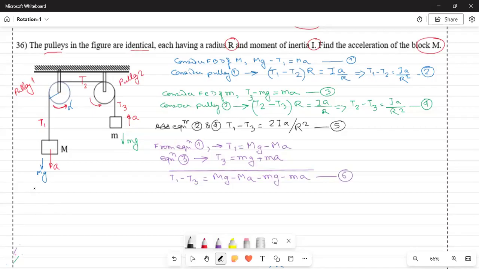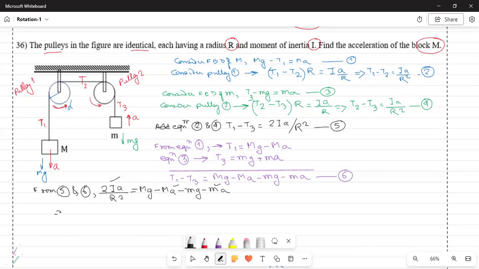From equations 5 and 6, we can write 2 I a upon R square is equal to capital Mg minus capital Ma minus small mg minus small ma. We take all the parts with a on the left hand side.